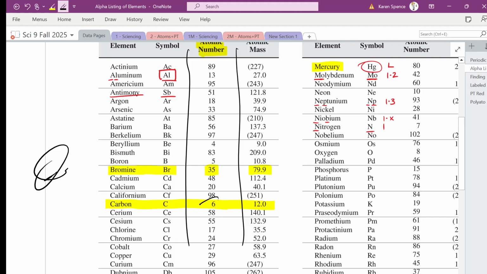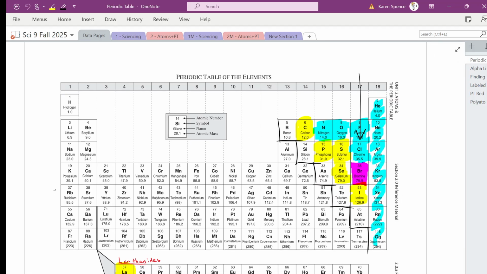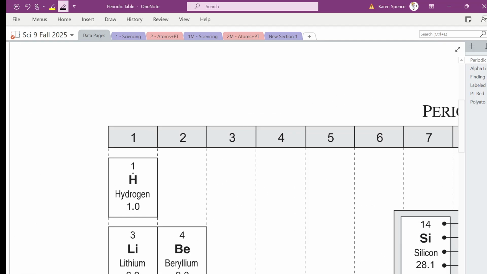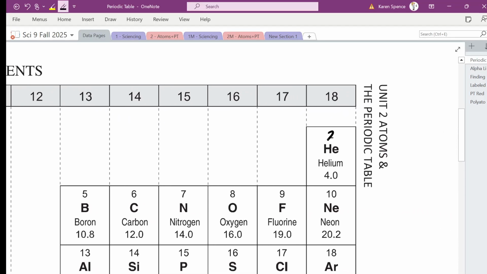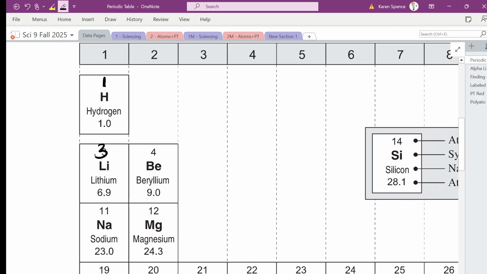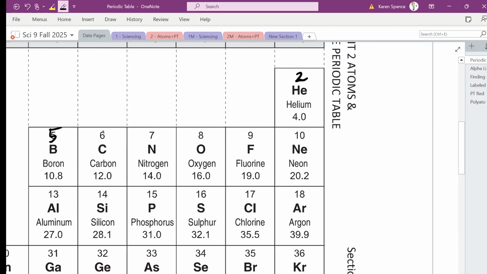Our atomic number is 6, which means that when you go to the other side of the periodic table, you can count across, because the periodic table is in order of atomic number. So you'll see we start with 1, then we have 2, and then we have 3, 4, 5, 6.